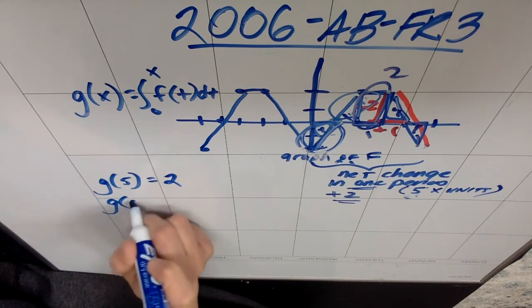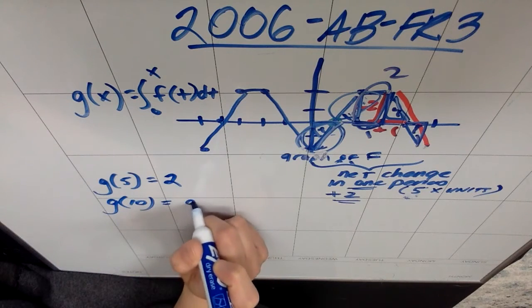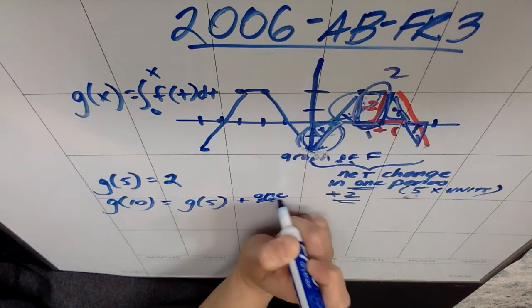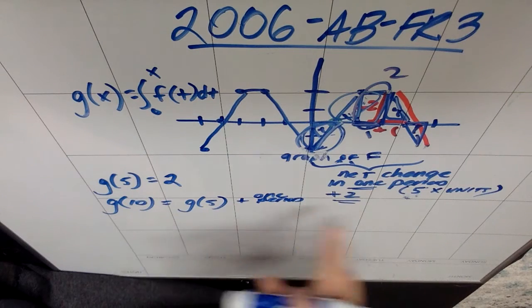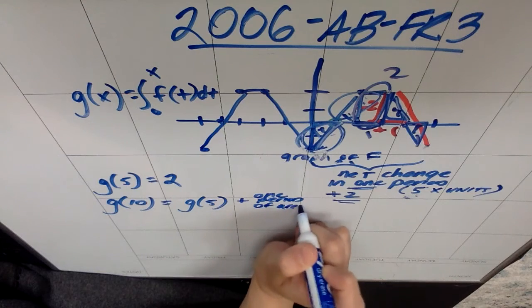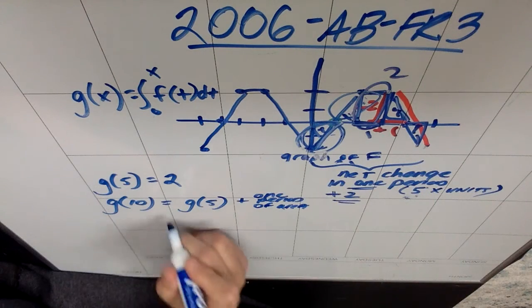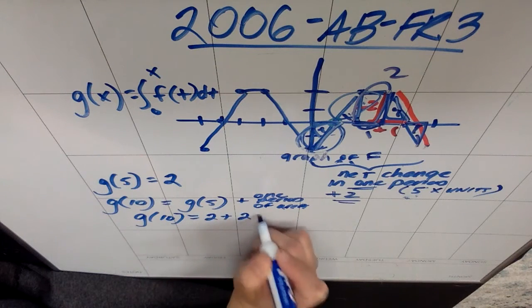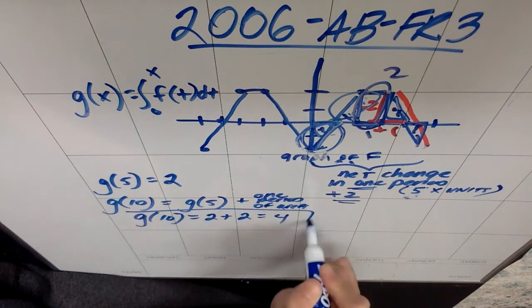So g of 10 should be whatever the g of 5 value is plus 1 full period of area. Well, we established that 1 full period of area, 1 full cycle of this thing, adds 2. So g of 10 should be 2 plus 2, which is 4. So that's the first thing they ask us to do.